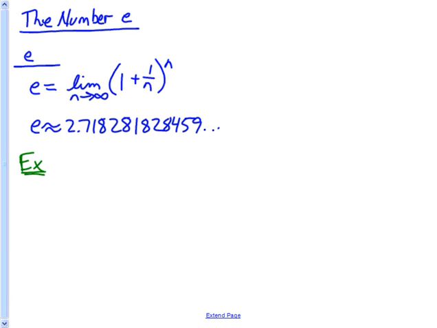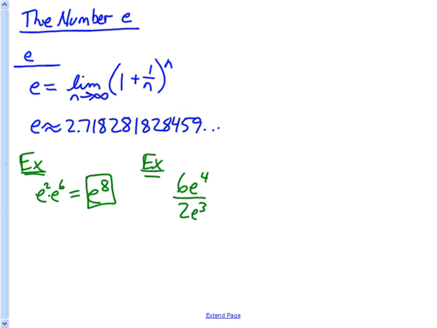So for example, we'll simplify some expressions with natural bases. You know, e squared times e to the 6. Well, just apply the formula, e to the 2 plus 6, so e to the 8th, which is some number. That's just like 2.718 to the 8th, right? How about 6e to the 4th over 2e to the 3rd?